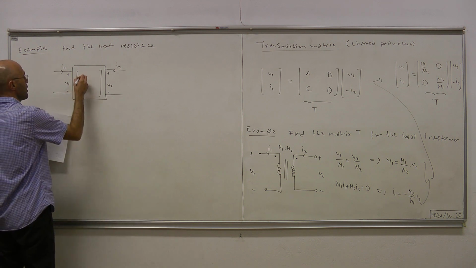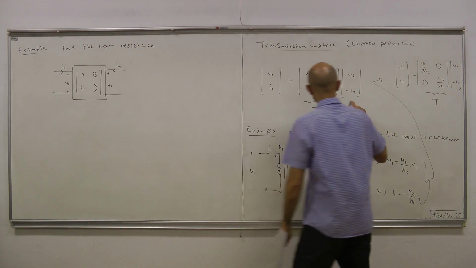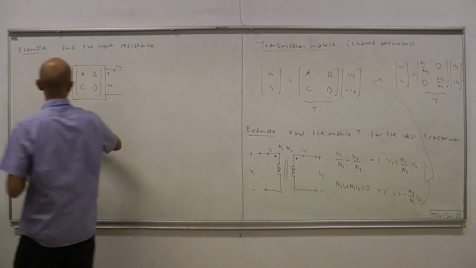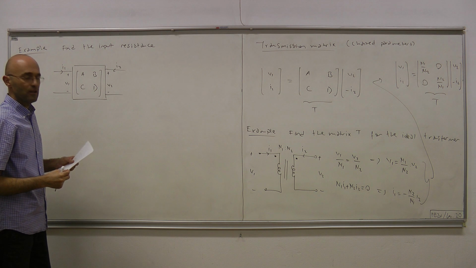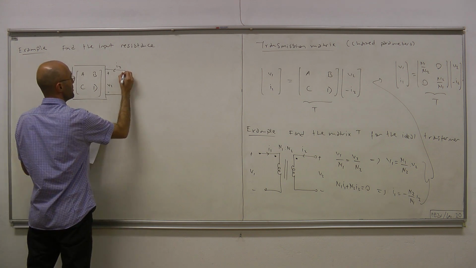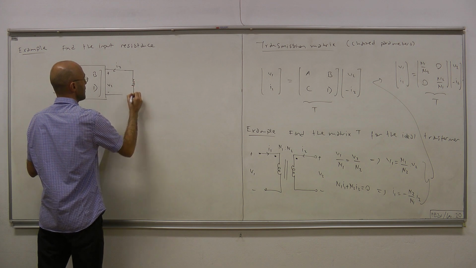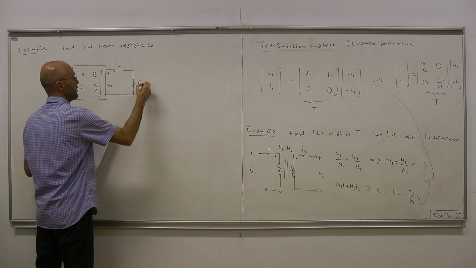Therefore we know what A, B, C, and D are in this relation. Now this two-port is taken, and the second port is terminated by an LTI resistor. By being terminated, we mean you simply connect an LTI resistor to the second port, and the resistance is R.